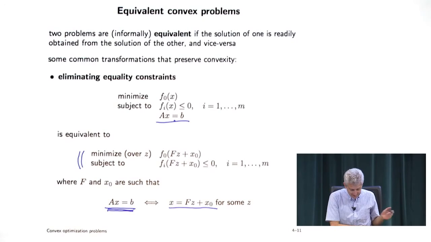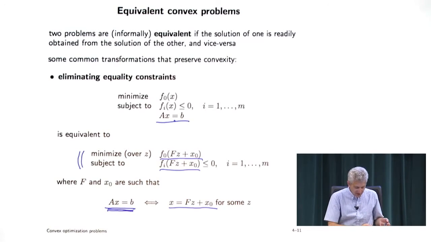First of all, the following is true. This function is convex in z because it's precomposition of a convex function with an affine function. These functions are convex in z for the same reason. So the objective and the inequality constraints in this transformed problem are convex.